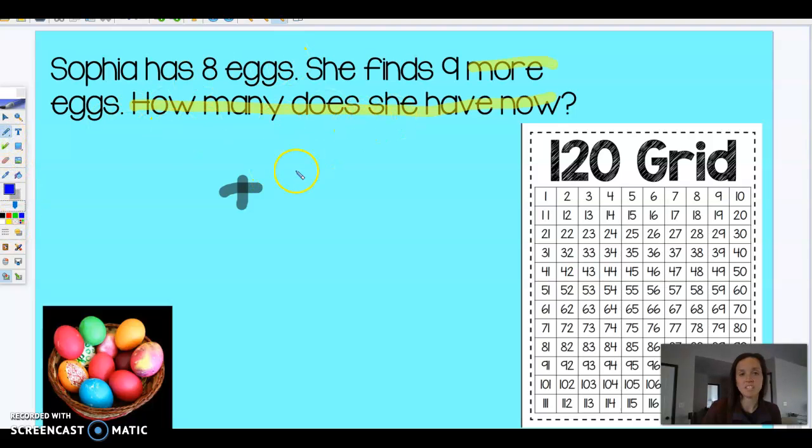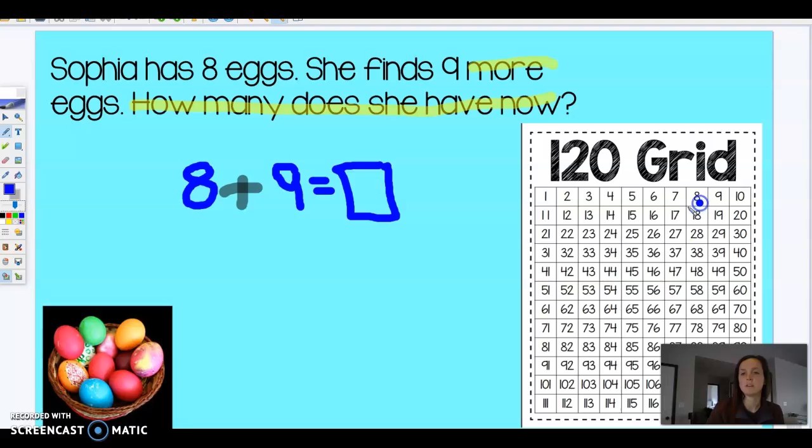She finds 9 more, and we know she has 8. 8 plus 9 equals. Let's go to the number grid. I'm going to go to 8 plus 9. 1, 2, 3, 4, 5, 6, 7, 8, 9. 8 plus 9 is 17.